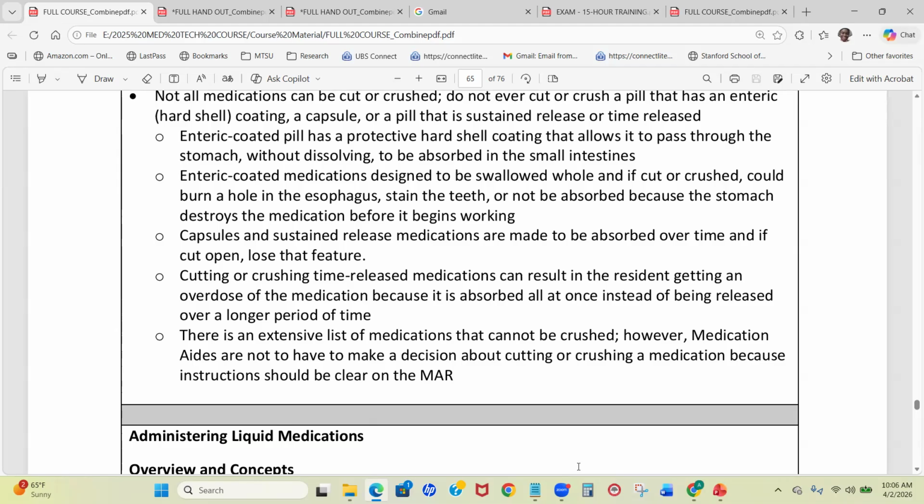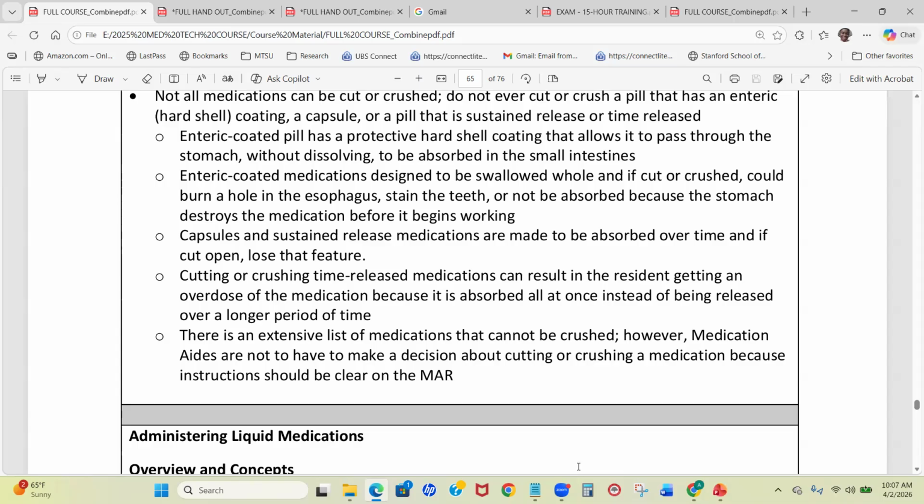Those enteric coated medicines get dissolved or absorbed inside the small intestines. So if you crush it and it gets into the stomach and dissolves there, it doesn't get to its target. So the effect and the impact it's supposed to have on the body, it may not do. That's why they have made it in that order. So unless a doctor says crush it, please don't assume anything and crush anything.